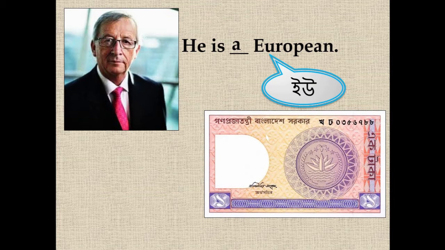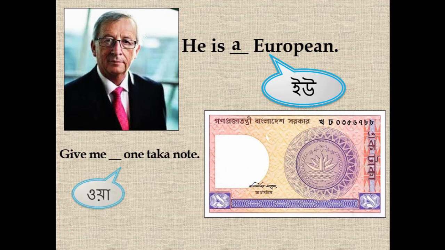Then we can see, give me a one taka note. So O, and the sound of O is "wa". When we get "wa", then we have to use a.